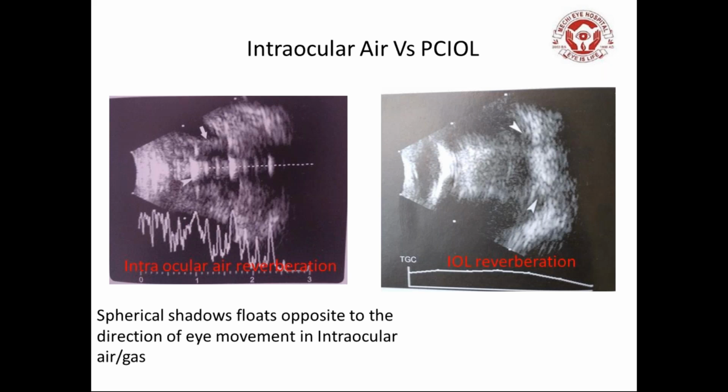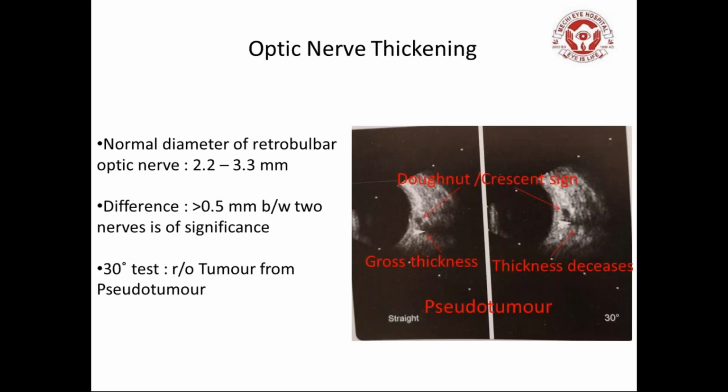Now coming to optic nerve disorders. The normal diameter of the retrobulbar optic nerve is 2.2 to 3.3 mm, and if the difference between both optic nerves is more than 0.5 mm, that means there is some pathology of the optic nerve. To differentiate whether this is a pseudo tumor or an actual tumor, the 30-degree test is performed.